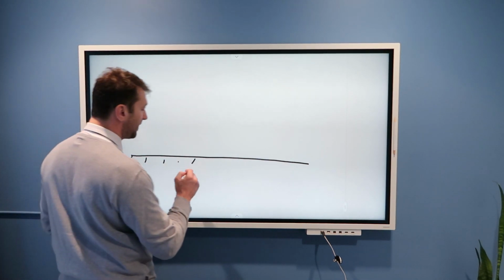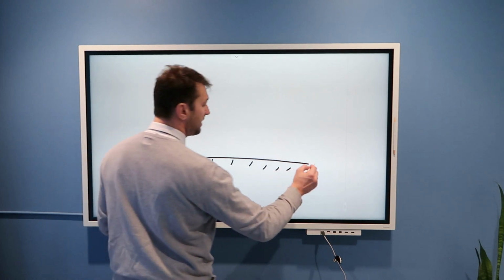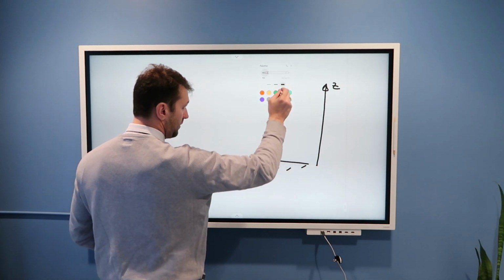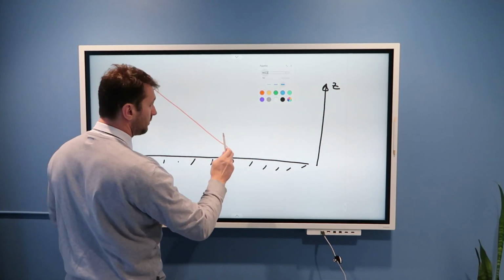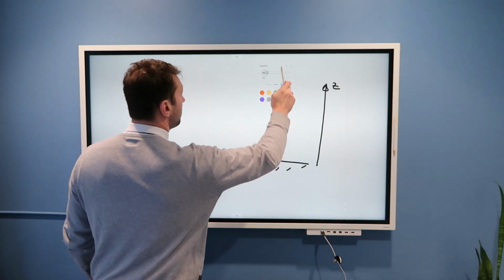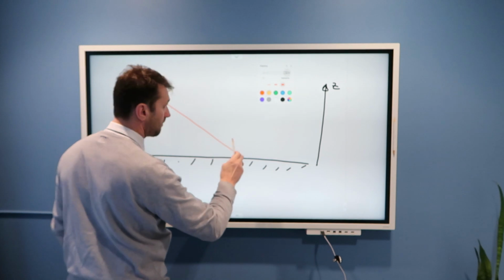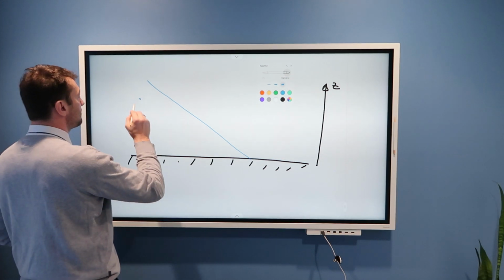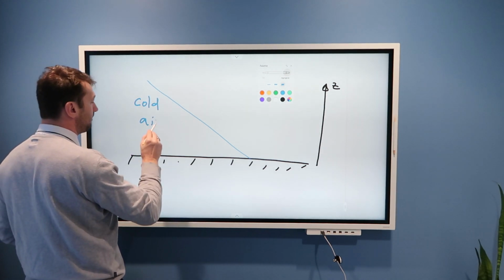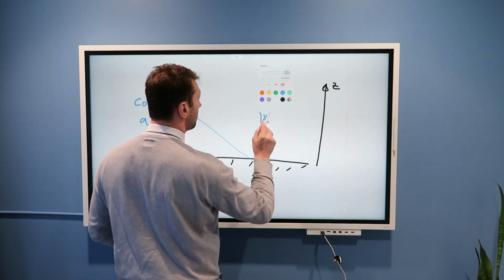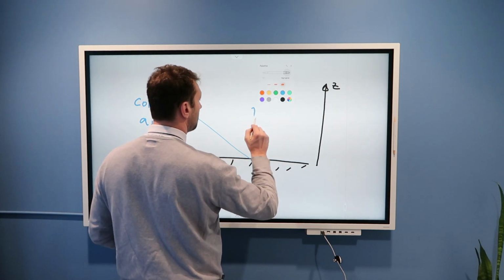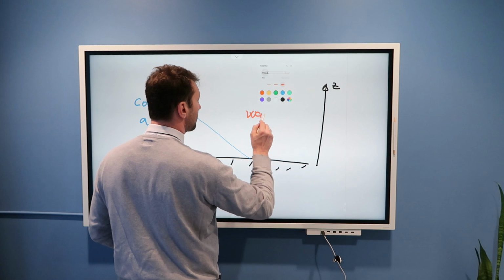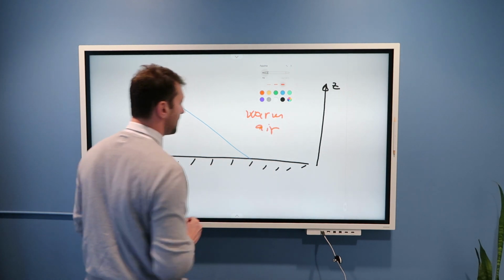If this is Earth's surface, but there is no mountain, again this is height, but let us assume now we have, oops, sorry about this, we have cold air, so this would be cold air, and here we have warm air.